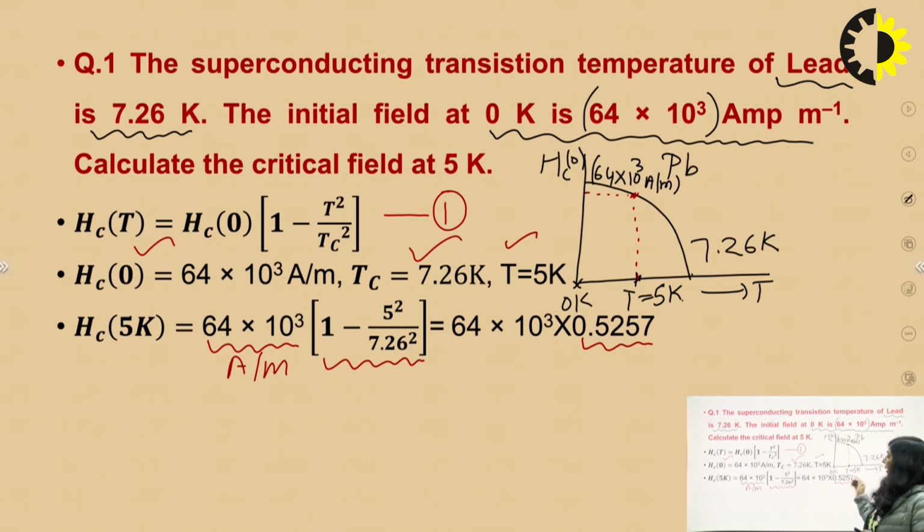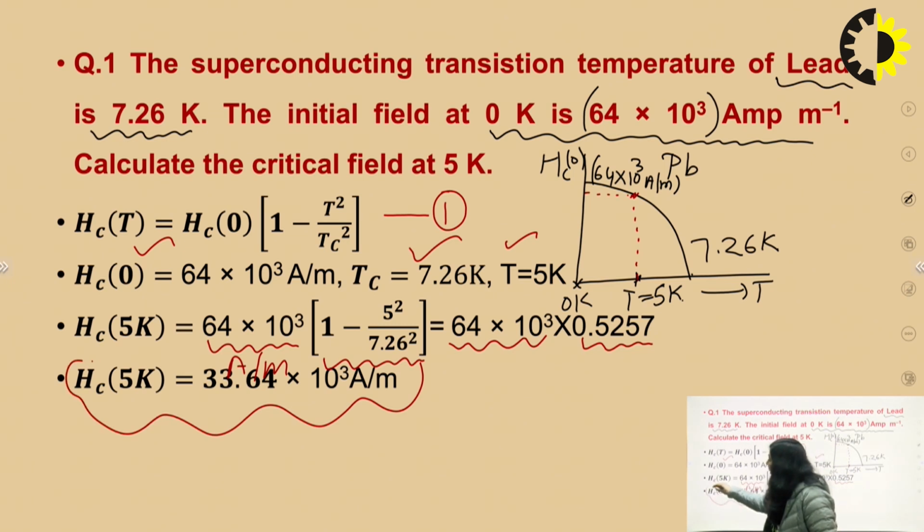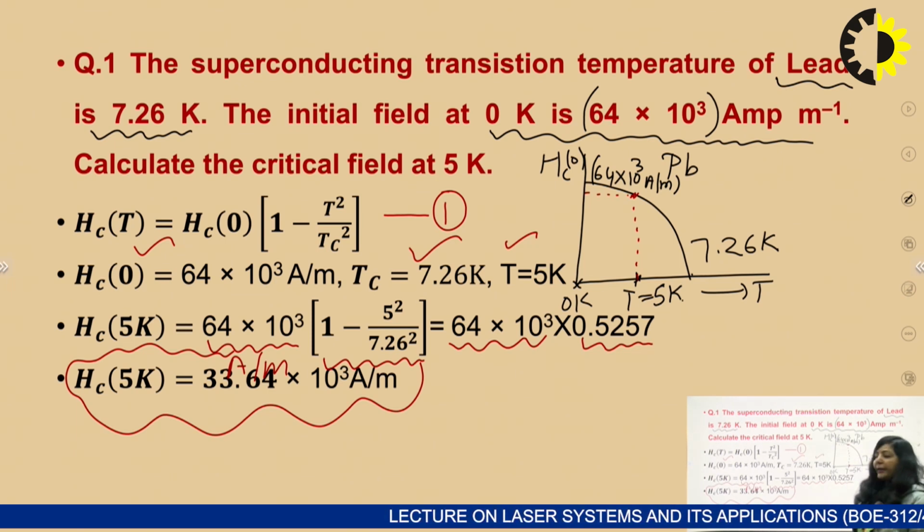You have to multiply that 1 minus T square upon Tc square with Hc naught. When you multiply this, you will get the critical field which is required to destroy the superconducting behavior at 5 Kelvin. This is the minimum amount of magnetic field required to change the state of the material from the superconducting state to the normal state at 5 Kelvin.